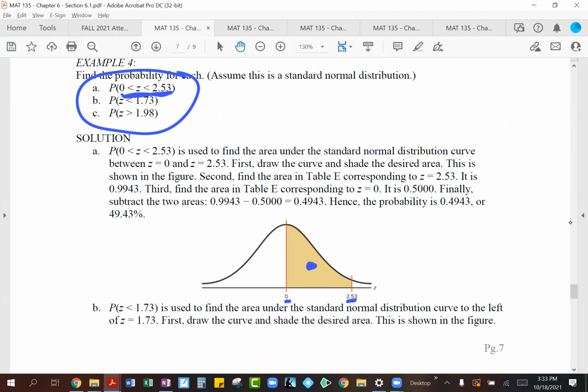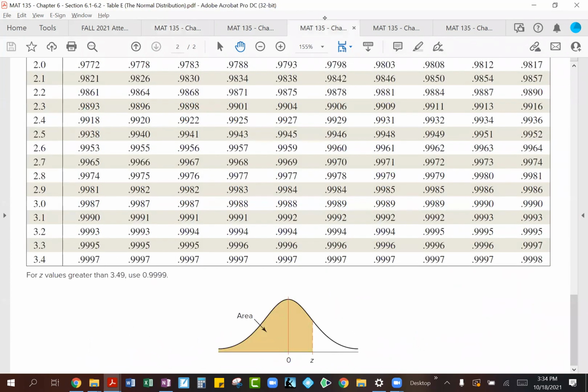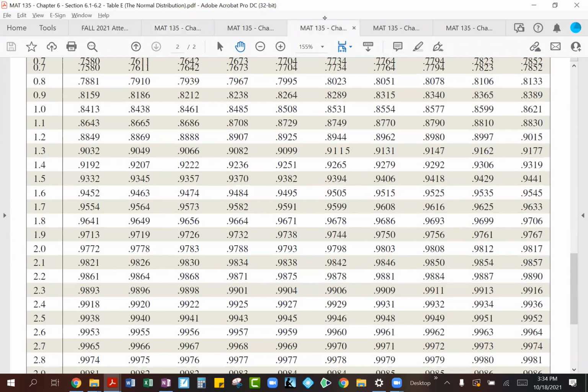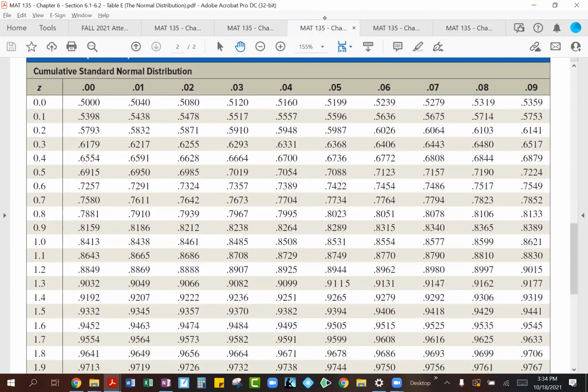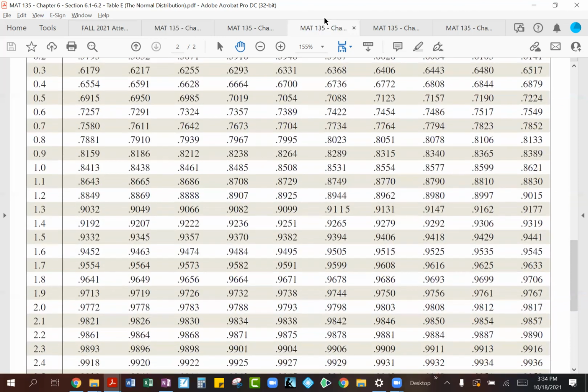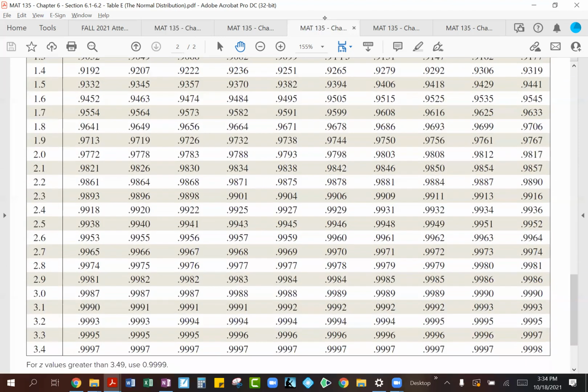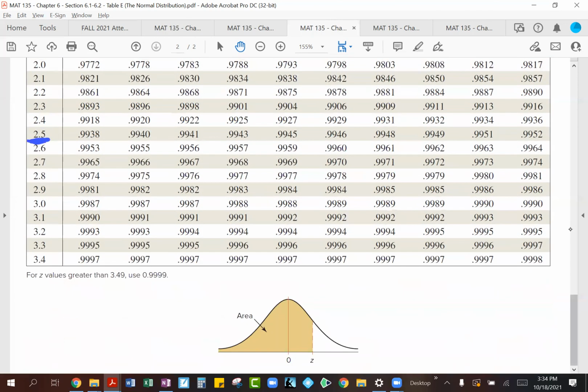Since they're giving you that z-score of 2.53, you actually go to your standard normal distribution table and you have to find out where exactly that 2.53 is going to be. So 2.5 is what you are going to be looking at on the left-hand side of this table. So there's your 2.5.